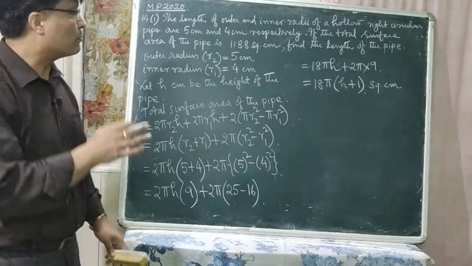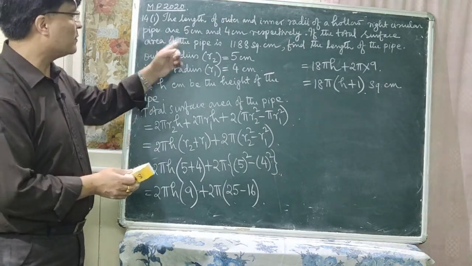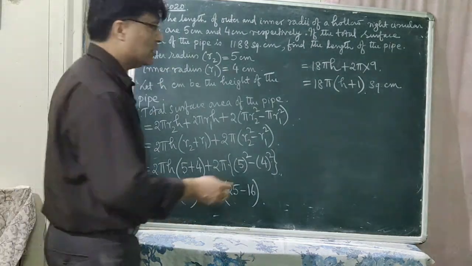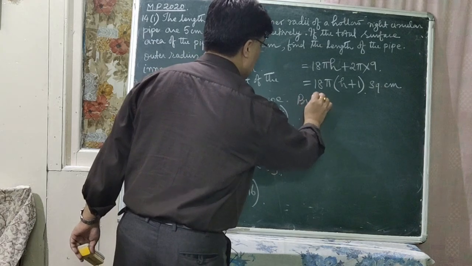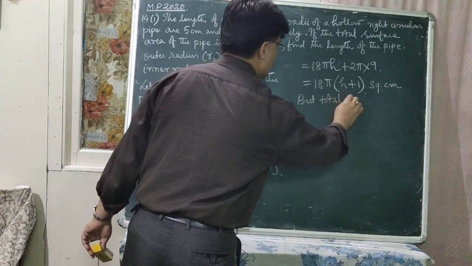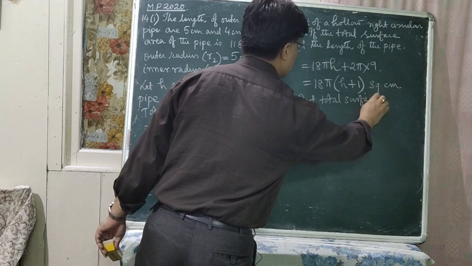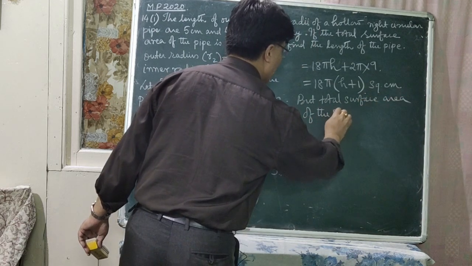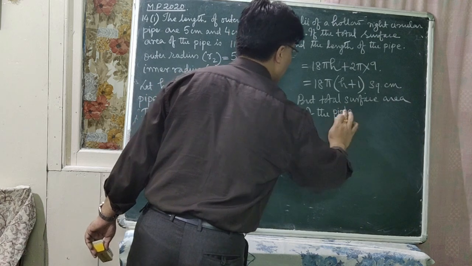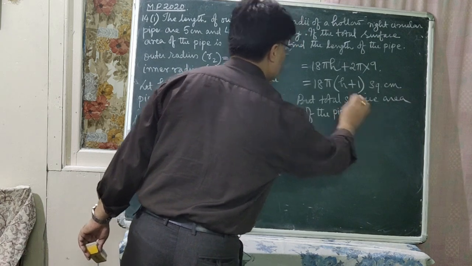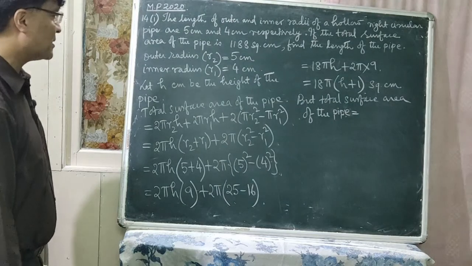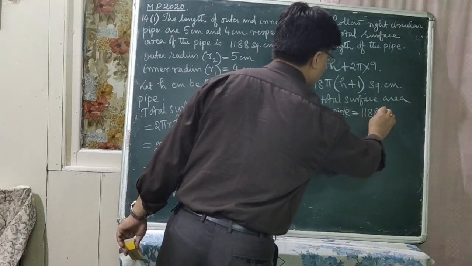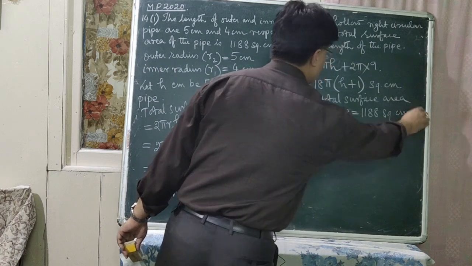Is that clear? But by the question, what is the total surface area of the pipe? It is given as 1188 square centimeter. But total surface area of the pipe is equal to, how much is that? It is given as 1188 square centimeter.